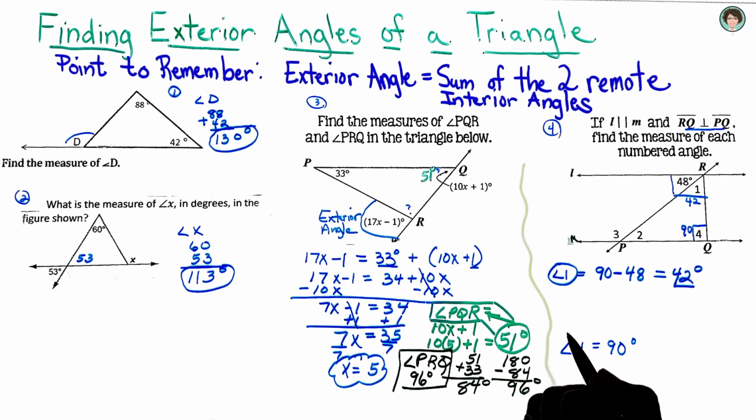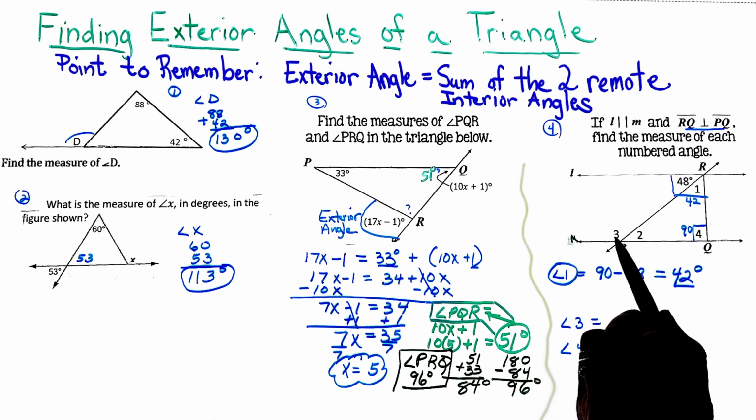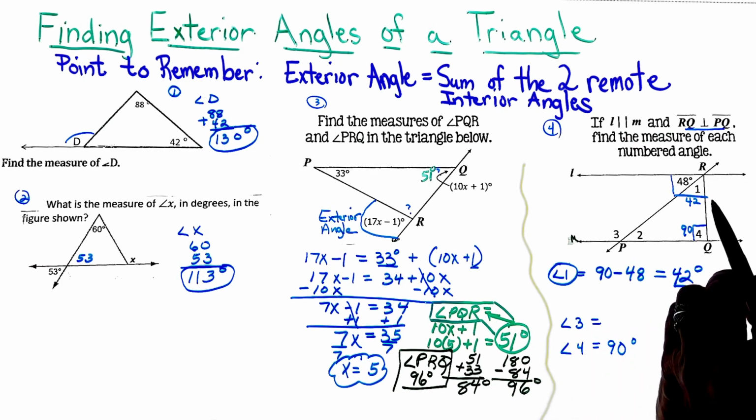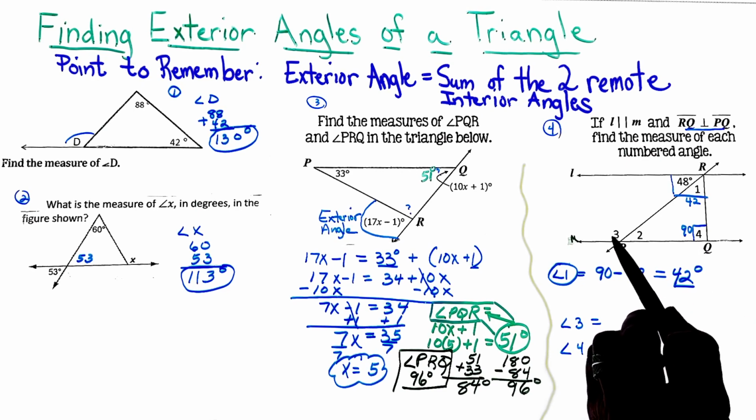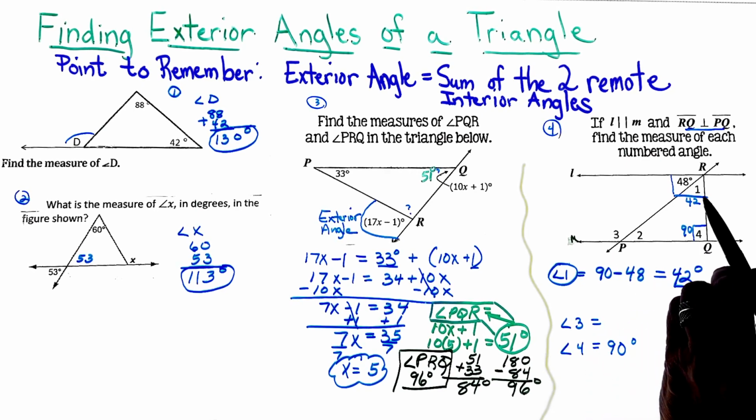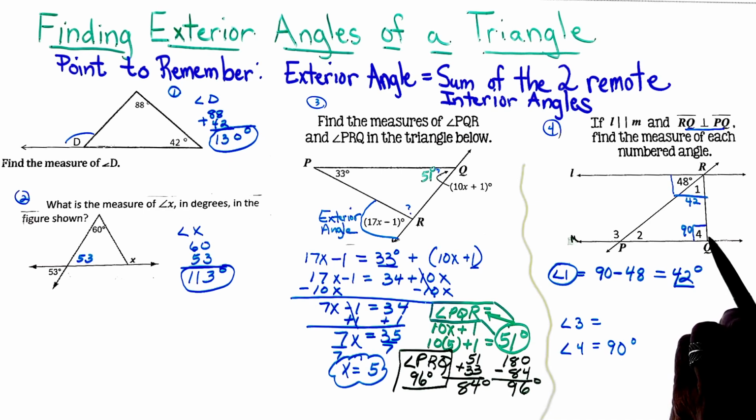Can you see that angle 3 is the exterior angle for this triangle? Again, angle 3 is the exterior angle, and angle 1 and angle 4 are the two remote interior angles.